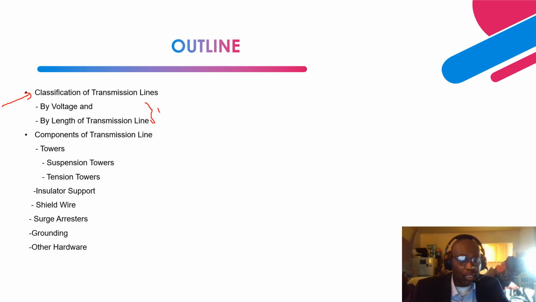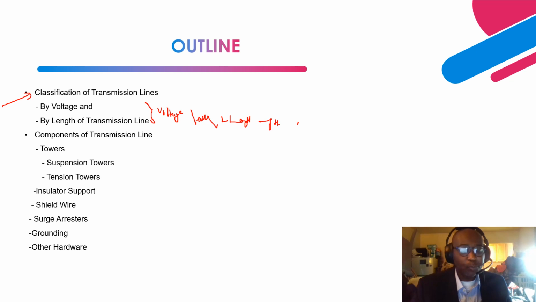It's the voltage level plus the length of the transmission line, and that is what is utilized to obtain the different classifications of transmission line.